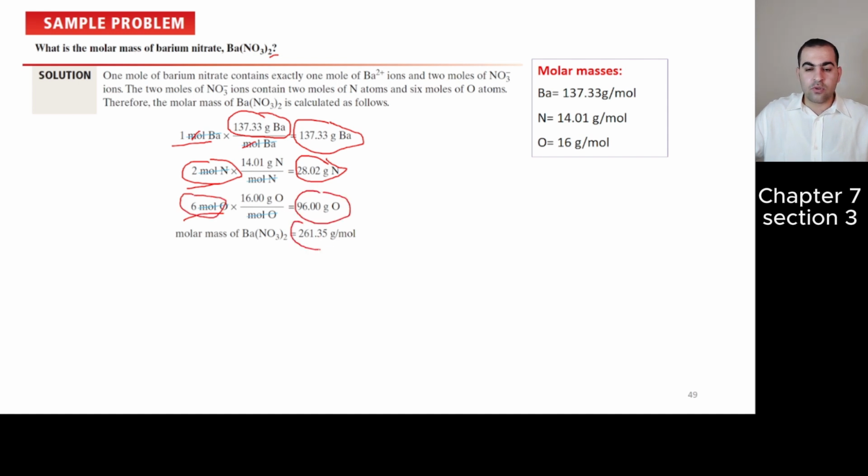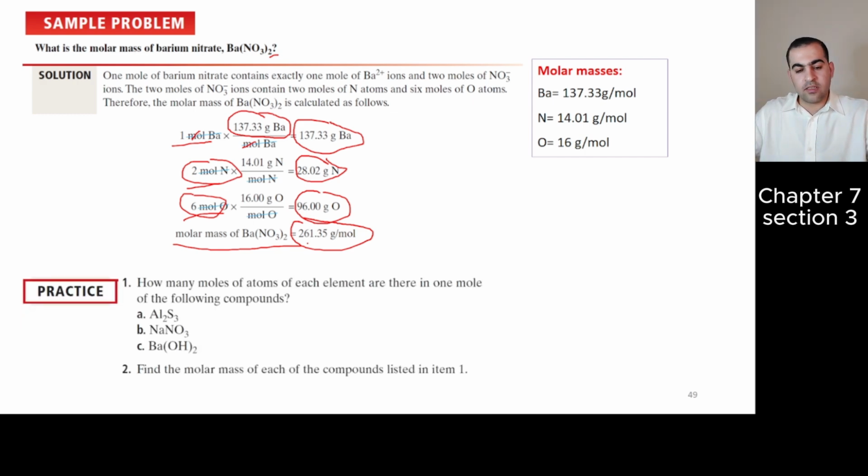Total 261.37 gram per mole, the molar mass of barium nitrate. 1 mole of barium nitrate compound contains 261.37 gram. Okay, that's it.